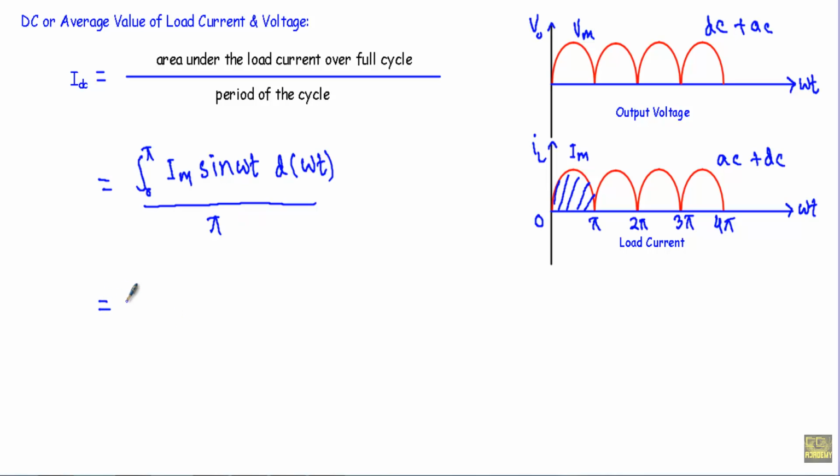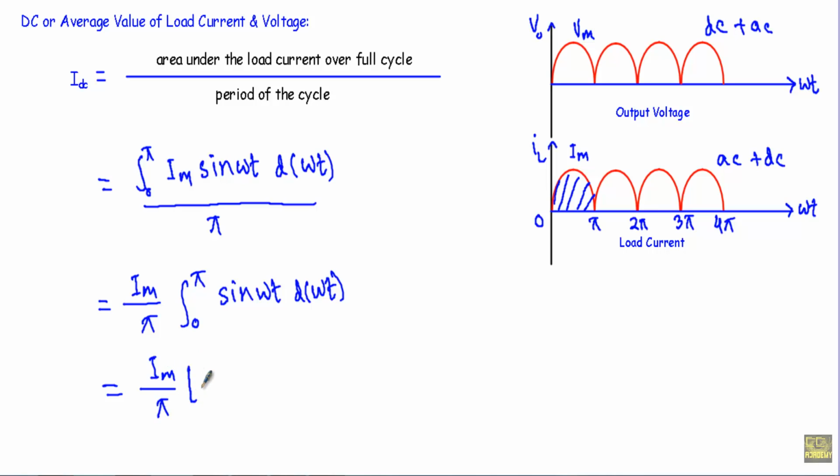Now if I take Im out of the integration sign, I will get Im divided by π, integration of 0 to π sin ωt d(ωt). If I integrate sin ωt, I will get minus cos ωt. So I will get Im divided by π, minus cos ωt with upper limit π and lower limit 0.